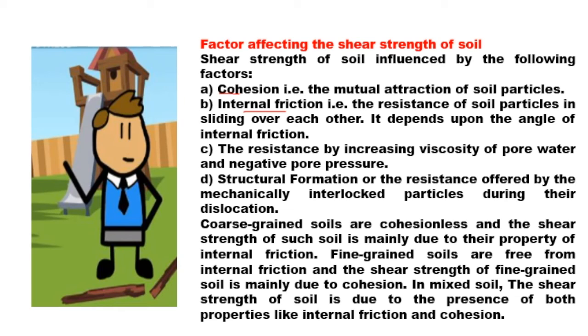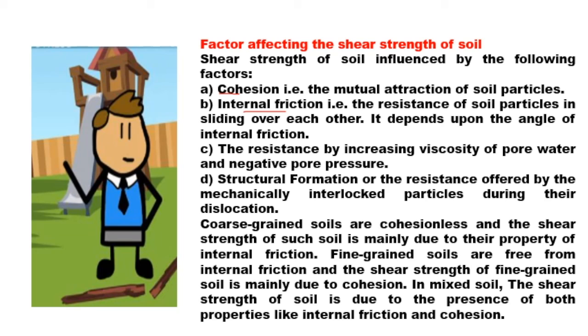Coarse grained soils are cohesionless, and the shear strength of such soils is mainly due to the property of internal friction. This is quite obvious. If you take clay soils, the stickiness of the clay is more, so the cohesion is usually more.